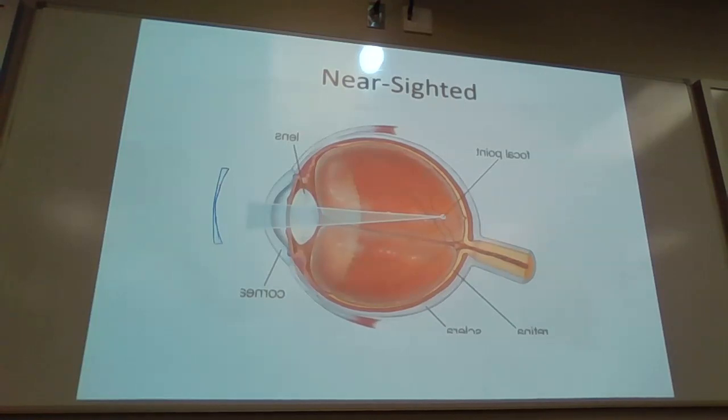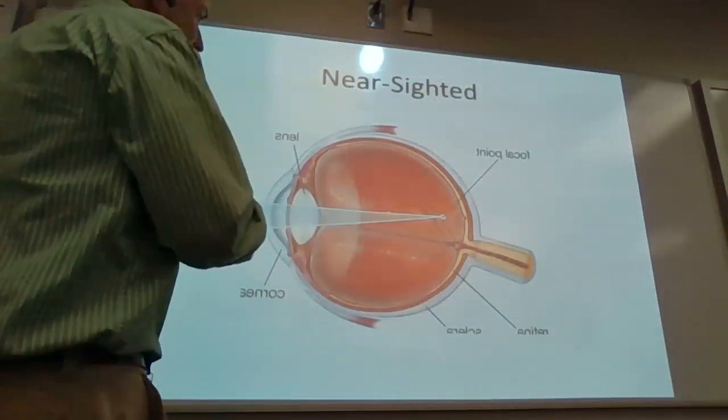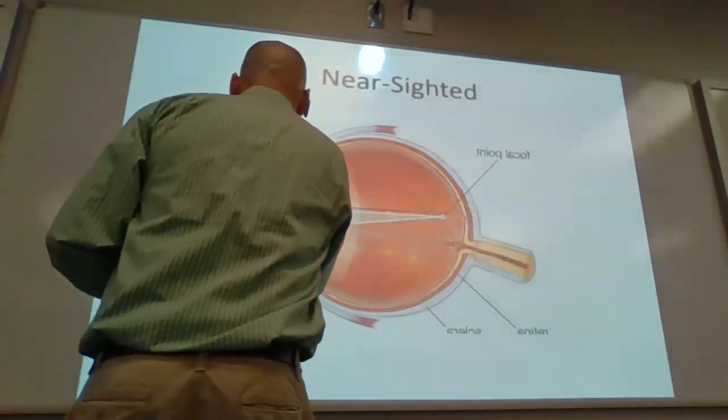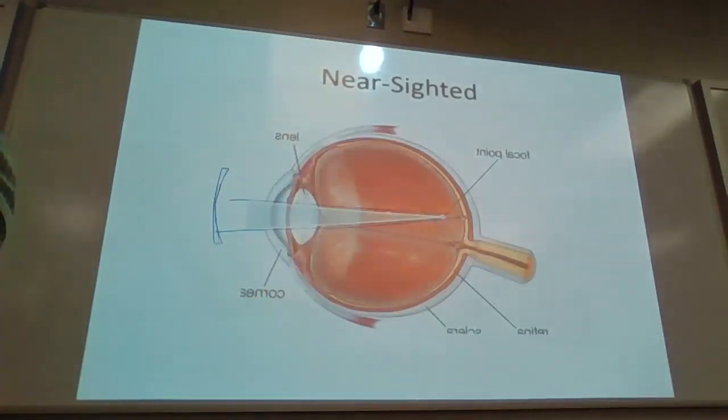So we're going to spread this ray out just a tad bit so that it converges at the retina. Does that make sense?